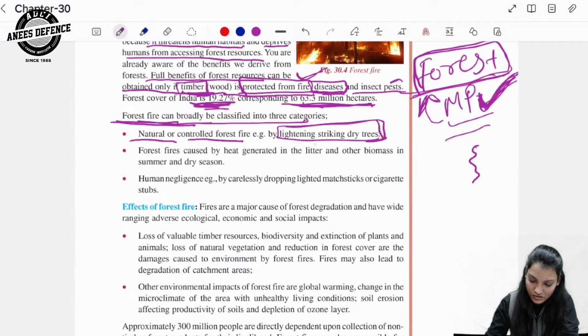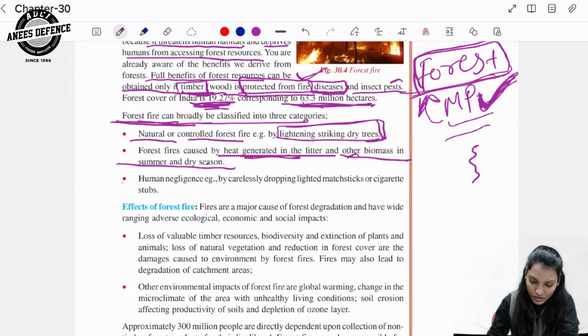So because of this striking of the lightning, forest fire can be there. Forest fire can also be caused by the heat generated in the litter and other biomasses. In summer season, temperature is very high. So in that dry condition and high temperature, biomass can have a higher level of heat, and forest fire can occur.